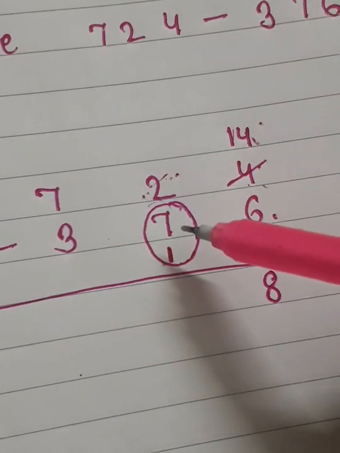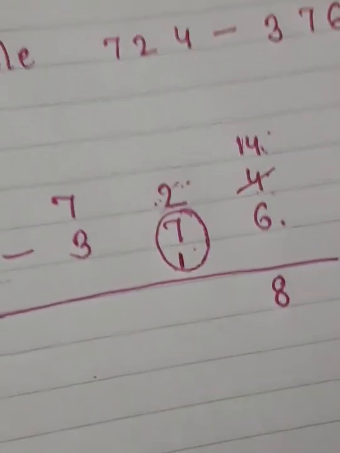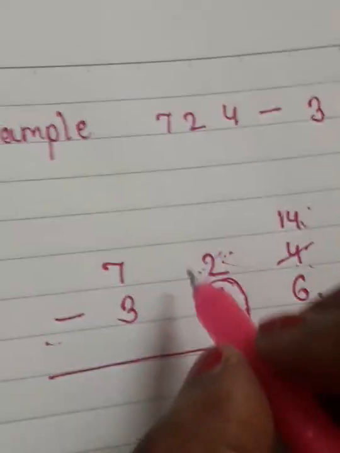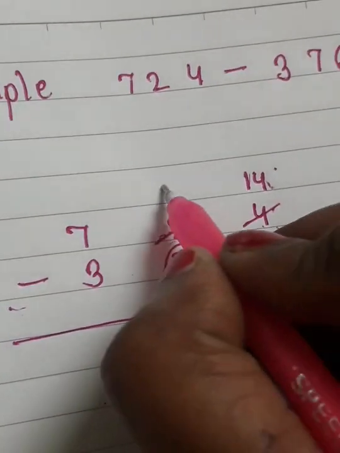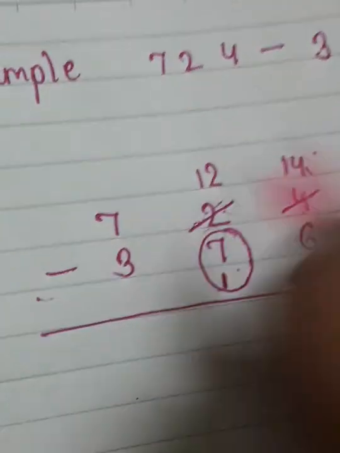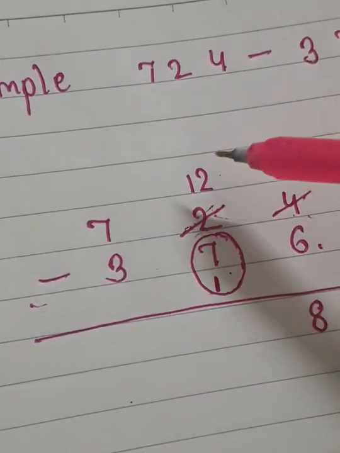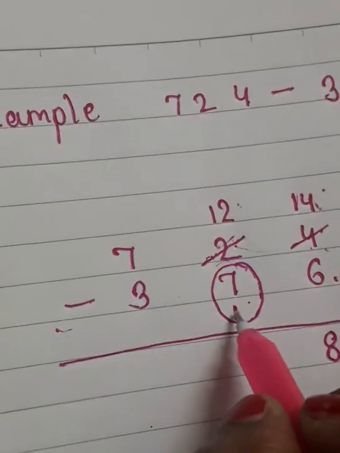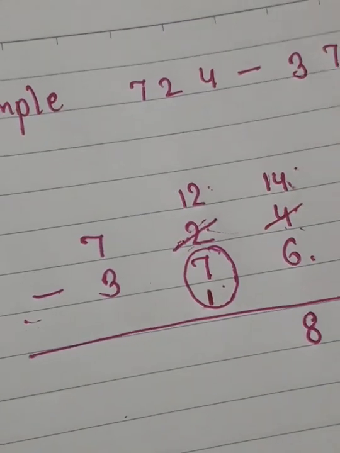Now, upside if you see, this is 2. 2 is less than 7. Clear? If it is less than 7, what will we do? We will assume that this is not 2. This will become 12. Now 2 becomes 12. So 12 minus 7, and we have to add 1 to this downside number.